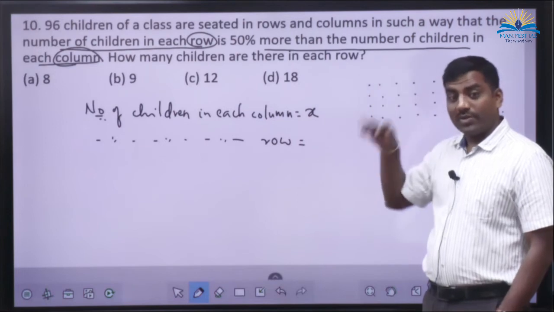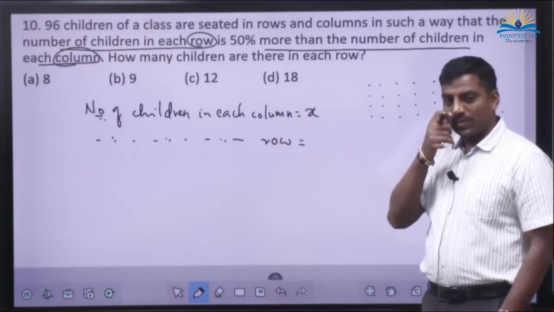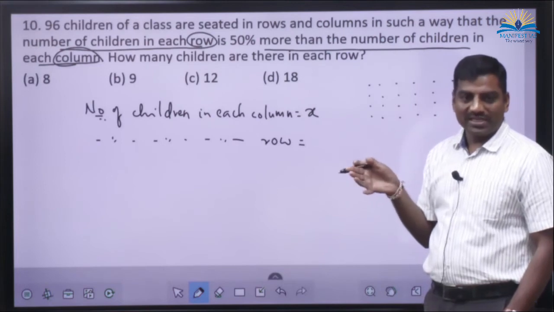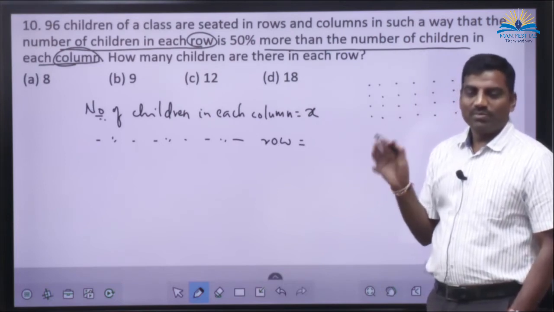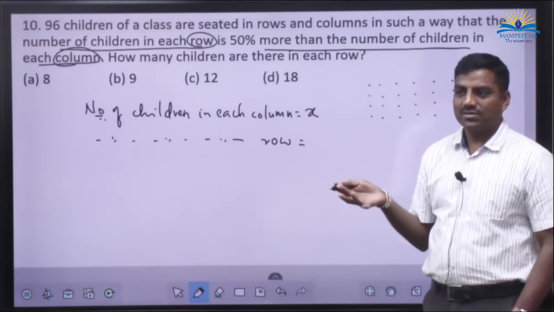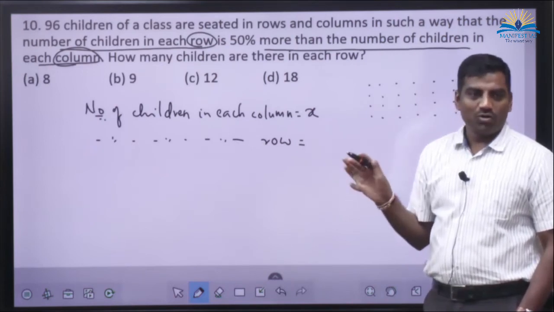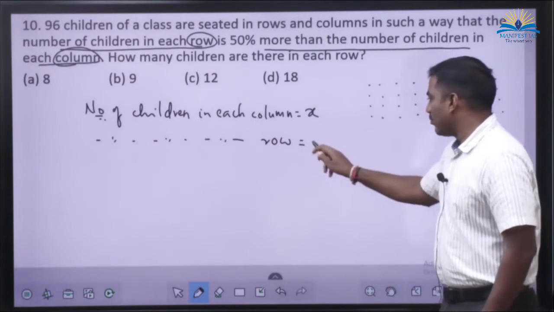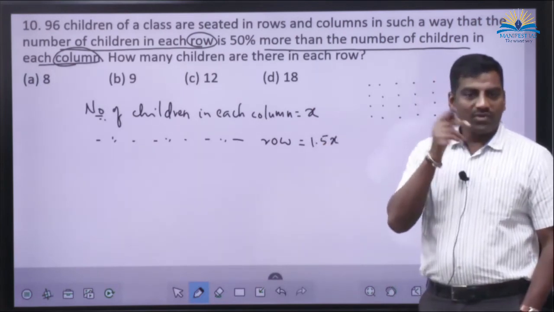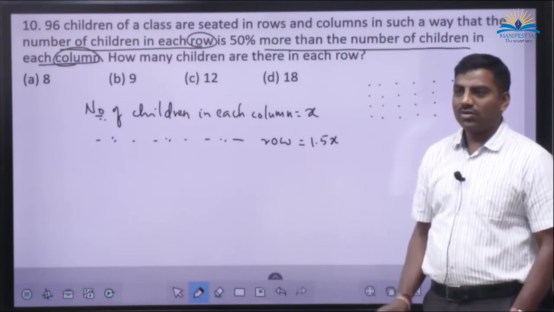X plus 50 by 100 X, no? Basically, 50% more means what? 1.5 times. 50% more is 1.5 times. Can I write 1.5x? 50% more is 1.5x, no?